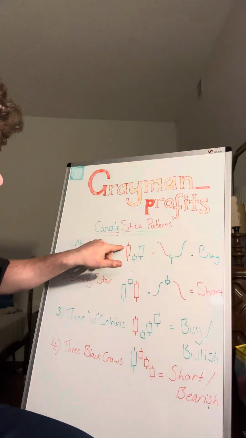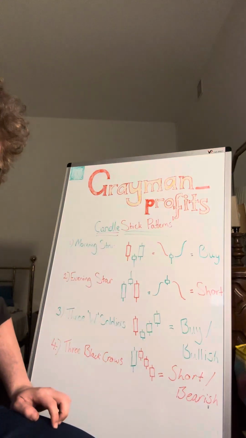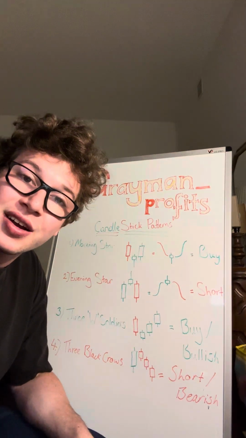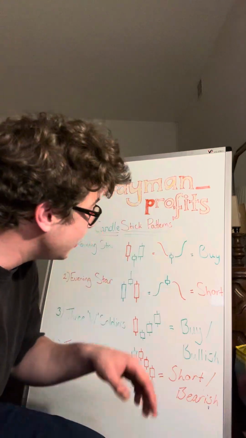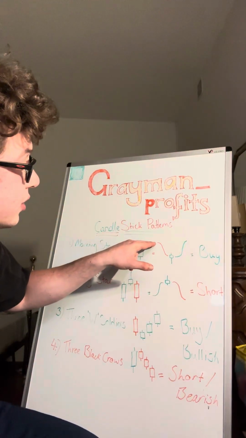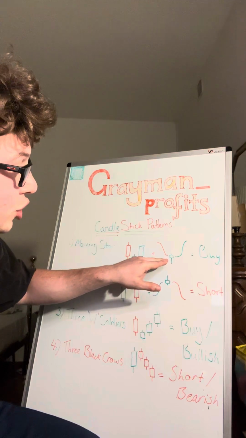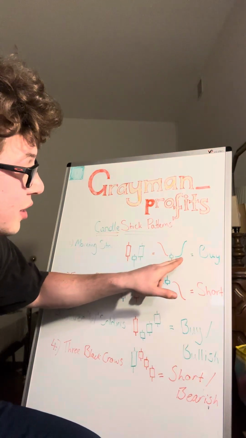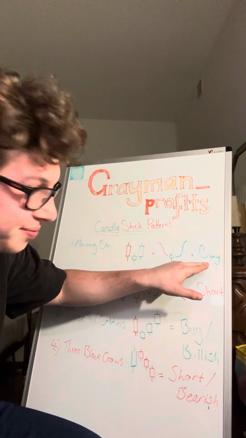So if you see this at the bottom of a curve or in your charts, 9 times out of 10, this is going to be a buying margin. And this is what it will look like. So most of the time, you'll see a downward motion, this icon show up, and it will result in a buying curve. Buy if you see this.